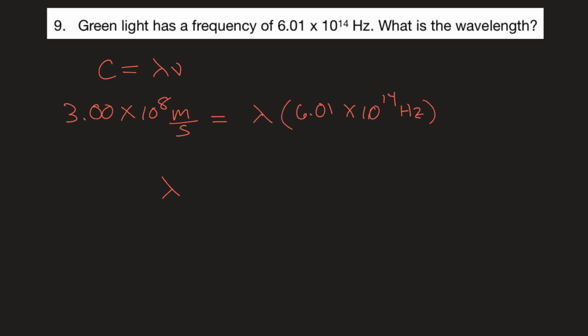When I solve that, I get that the wavelength is equal to 4.99 times 10 to the -7th meters. I know it's meters because that's the distance unit there, and the hertz and the per second on the left side canceled each other out.